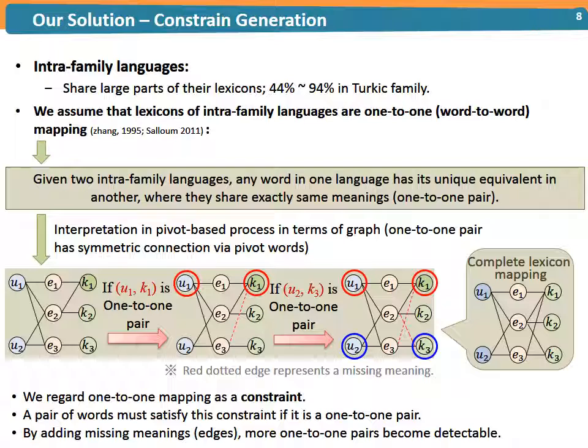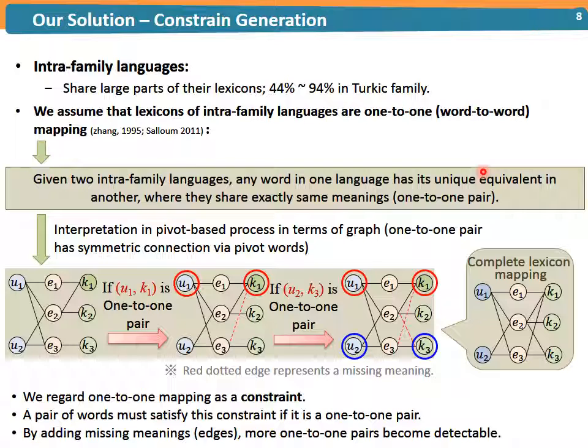We have seen in the previous slide that intra-family languages share large parts of their lexicons. For example, in the case of Turkic languages, it is from 44% to 94%. So considering this fact, we started our solution by assuming that lexicons of intra-family languages are one-to-one mapping, or word-to-word mapping.